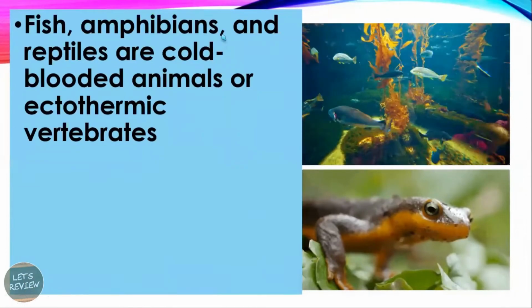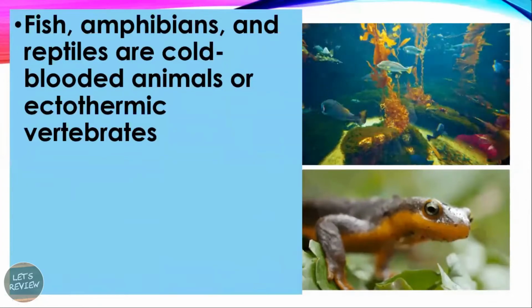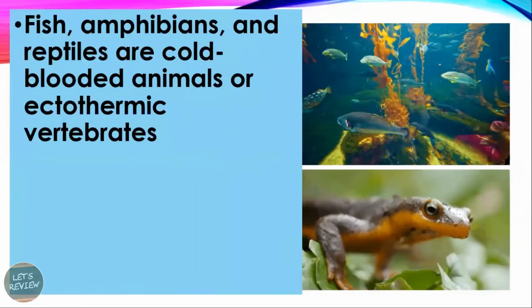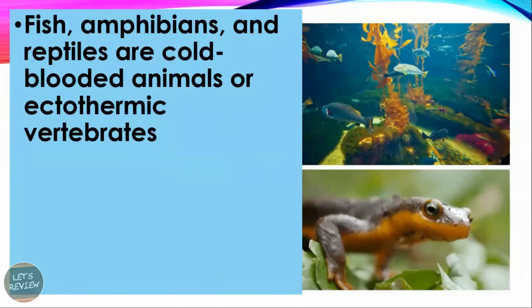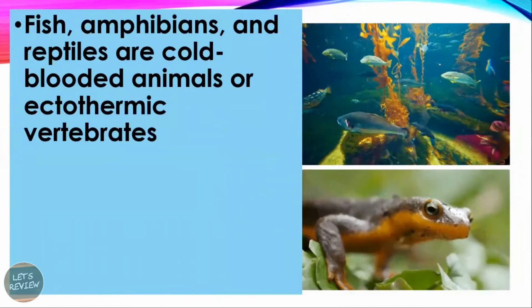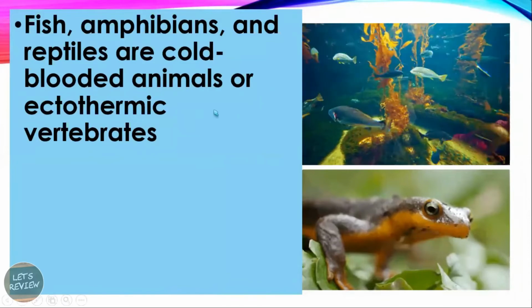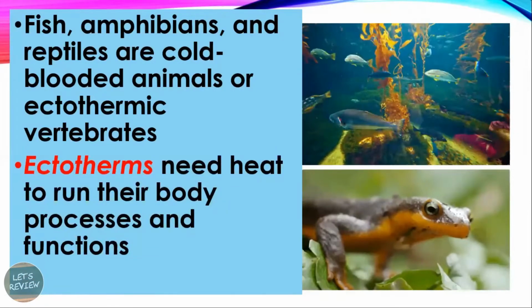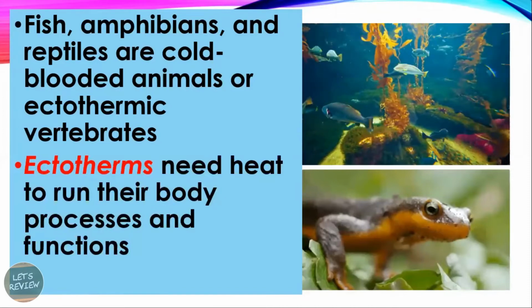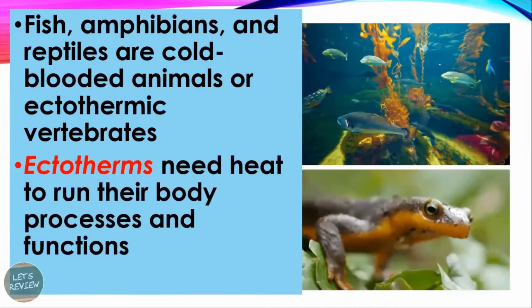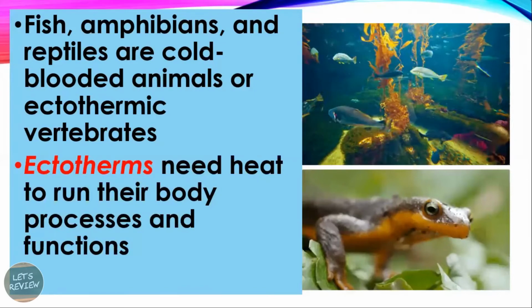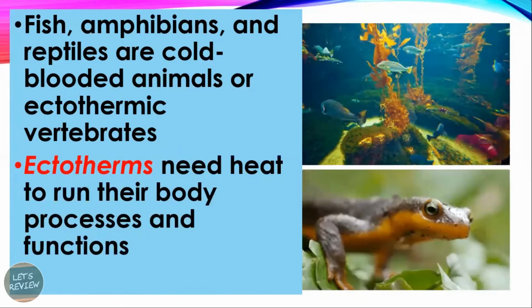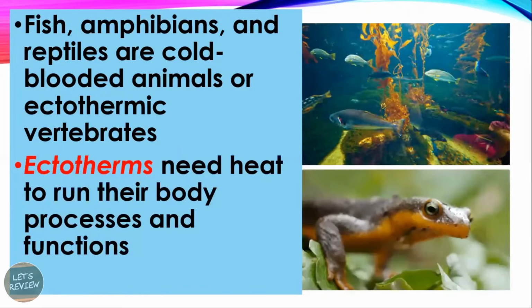Fish, amphibians, and reptiles are considered cold-blooded animals or ectothermic vertebrates, which is different from endothermic, warm-blooded animals. Ectotherms need heat to run their body processes and function. They don't have the ability, like endothermic animals, to maintain the temperature of their body.